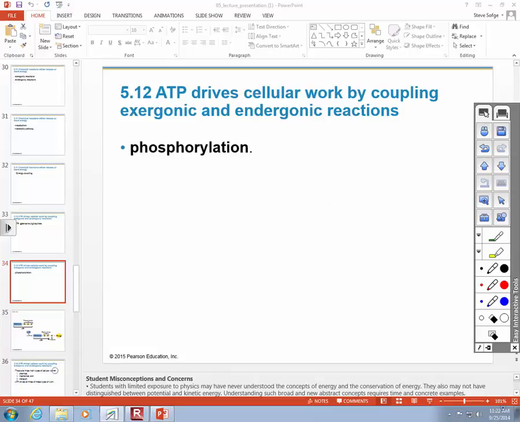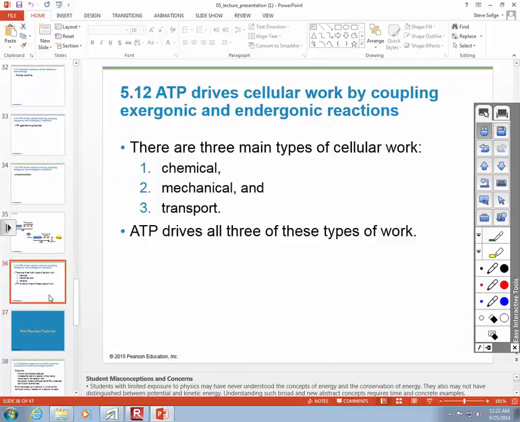Phosphorylation just means pick up a phosphate group. That's a really good definition as far as I'm concerned. To gain a phosphate, PO4, you are phosphorylated. That molecule is phosphorylated. End of story.